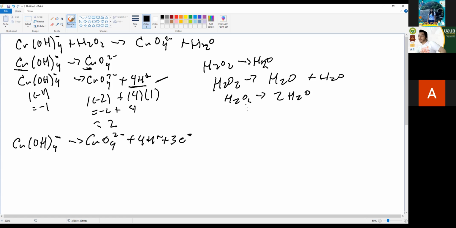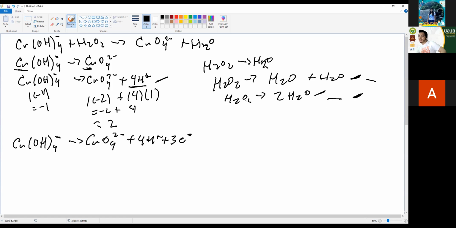Ayan. Bahala kayo kasi ako nalilito ako pag ginawa ko to. Kaya mas maganda to. So bahala kayo kung dito nyo itutuloy or dito, parehas lang naman yan. In my case, itong gusto ko kasi mas madali siyang tingnan kasi naka-merge yung water. So, ayan. So balance na yung oxygen.